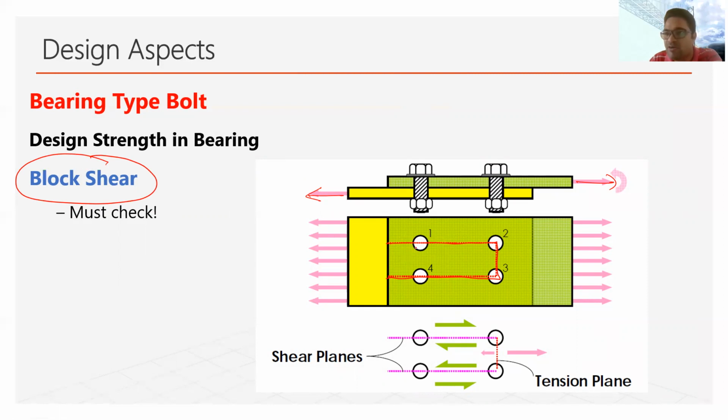In that case, one single bolt is not failing, the whole block is failing. This kind of thing also happens when there is a large force. To avoid that, we sometimes conduct checks to avoid such kind of failure. So this is called block shear failure. In some important connections, this check should also be performed.